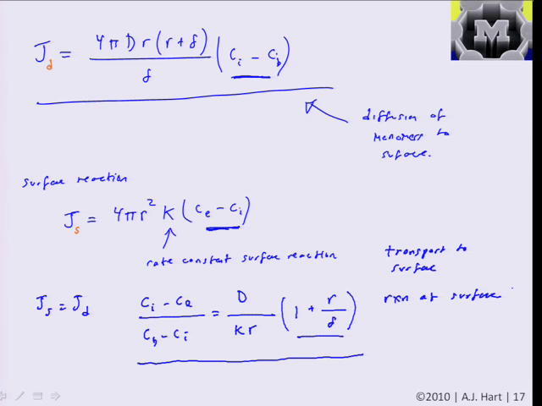So now if we look at the first case, where we have diffusion limited growth, we can make the following assumptions.